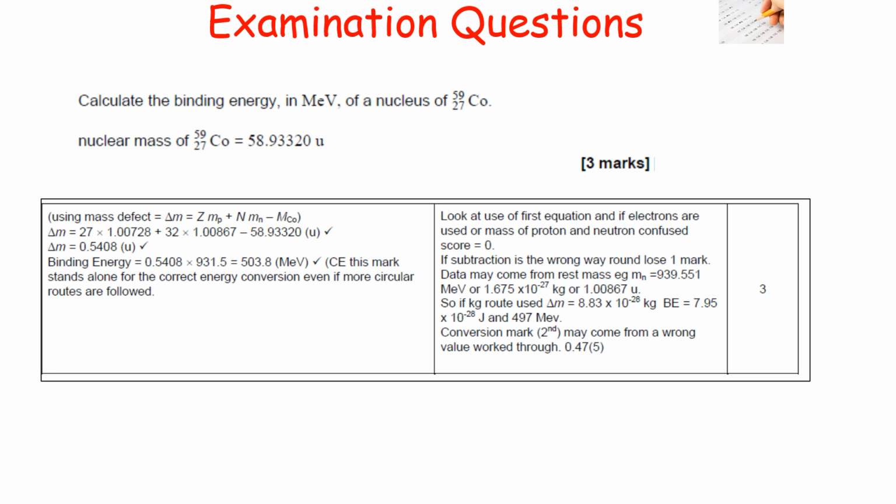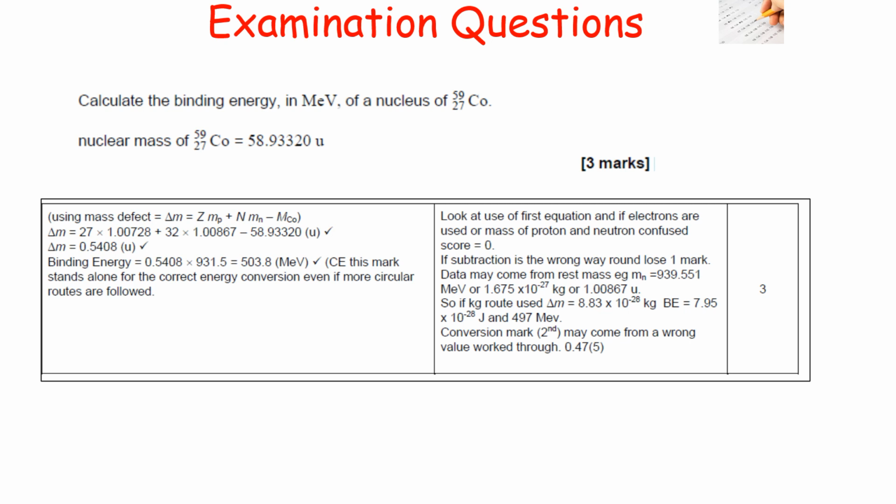So what you do is you work out the total mass of all the protons in the nucleus. You work out the mass of all the neutrons in the nucleus. You then add the two and subtract the nuclear mass that's stated in the question. This will give you your mass defect.